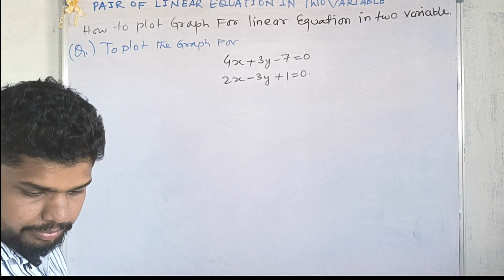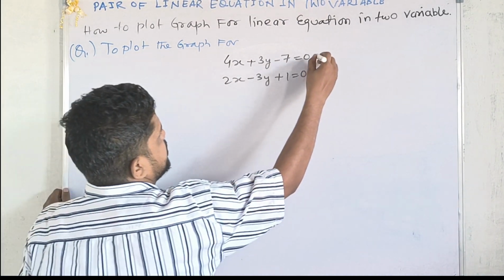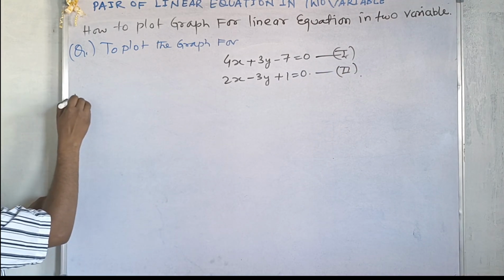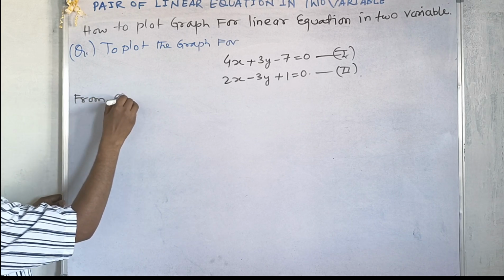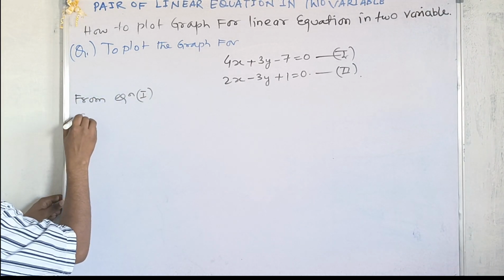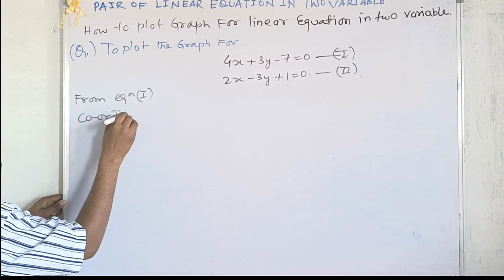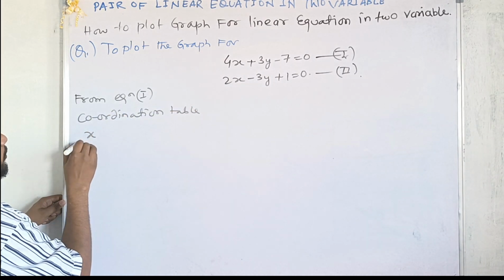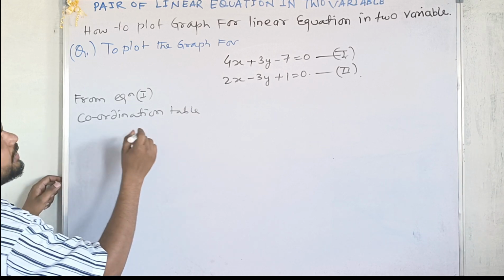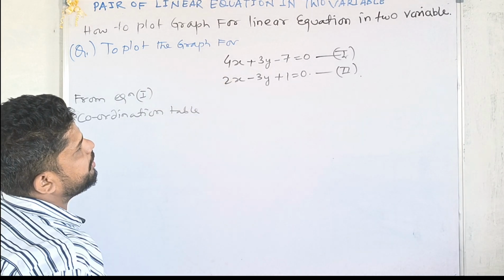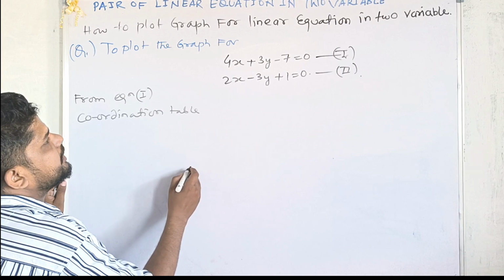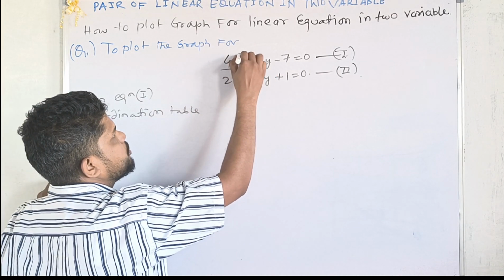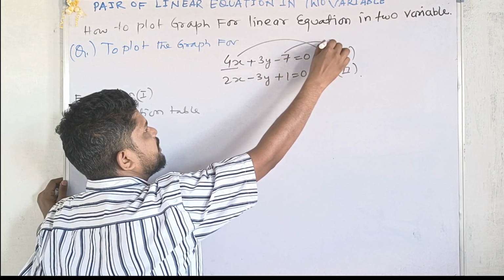Suppose this is equation number 1 and this is equation number 2. From equation 1, make the coordinate table. From 4x + 3y - 7 = 0, I can get the value of y when I transpose 4x to that side and -7 to that side.